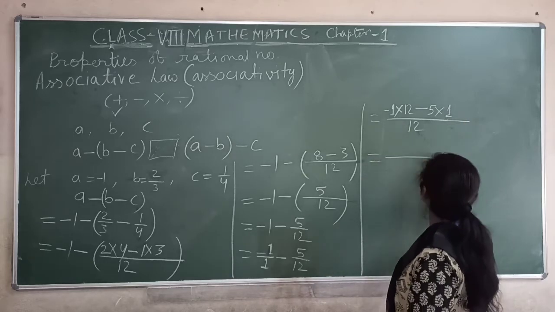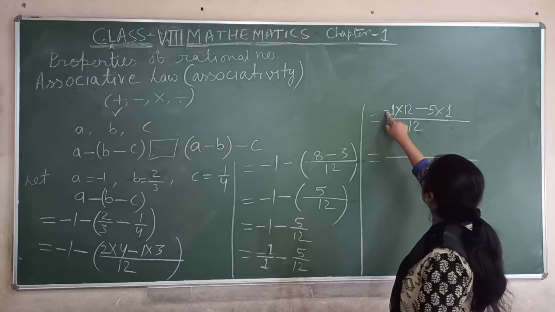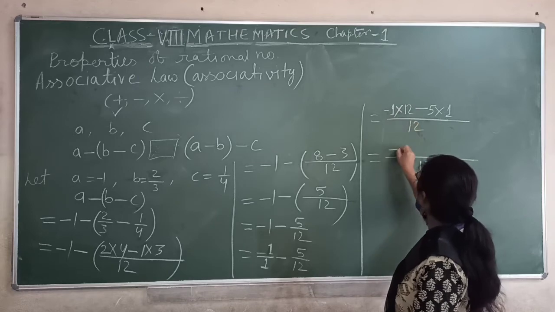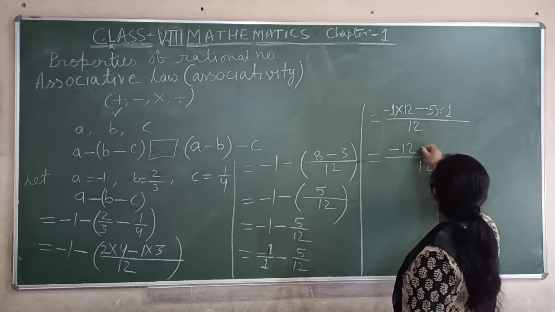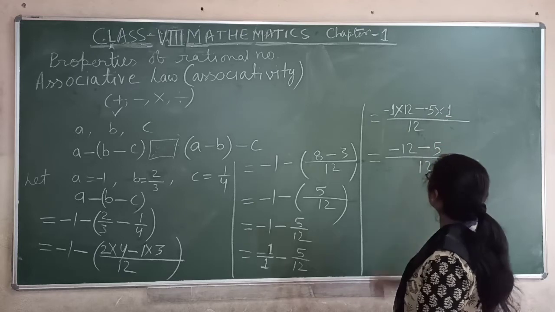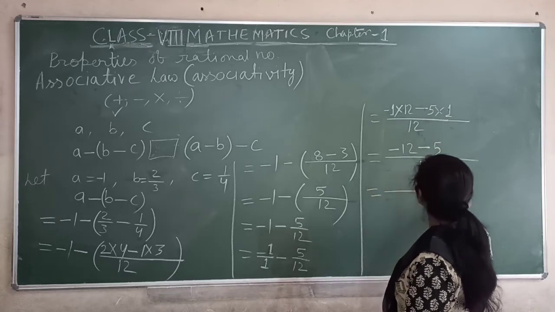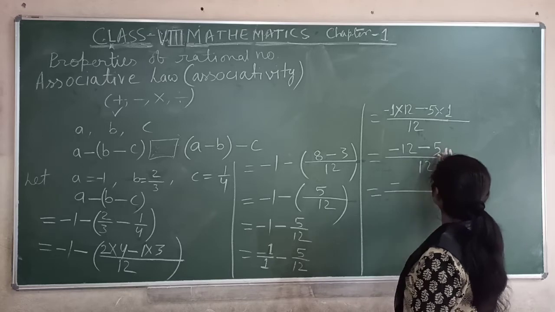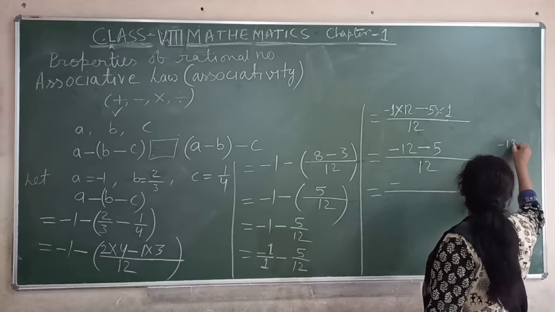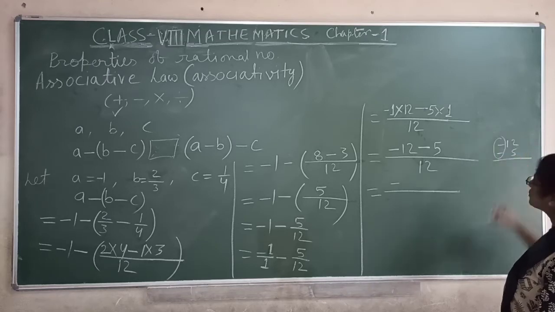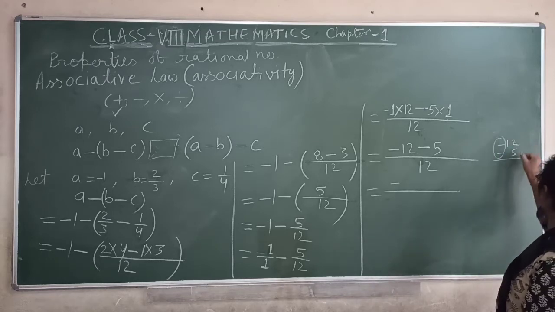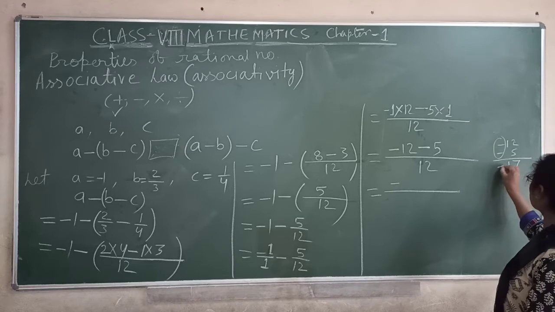So here you are getting minus 12 and minus 5. Both are negative, so we can add minus 12 and minus 5. Same sign, so add them: 17 and the sign of minus.